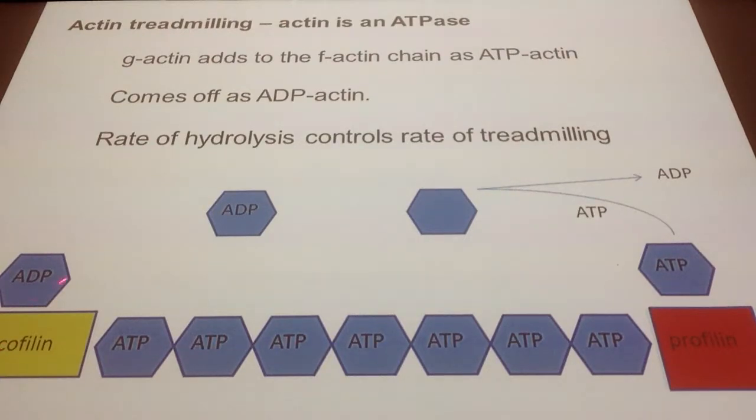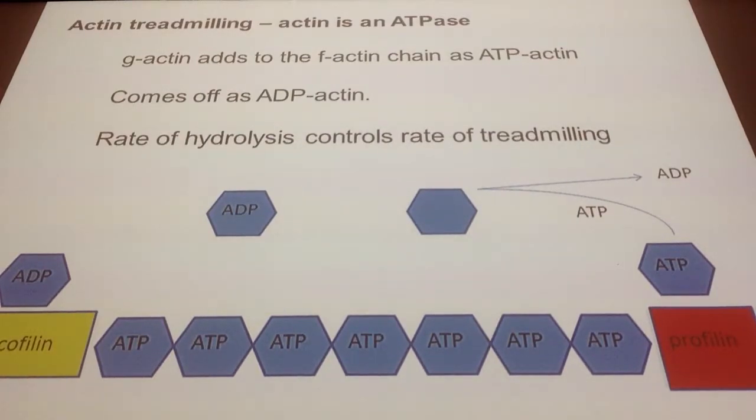Because you would have ADP-bound G-actin in the microfilament, and then cofilin will remove the ADP-bound G-actin from the minus end, right? And so the idea is that as the cell moves forward, you don't want to vary the size of the microfilament. The cell size needs to remain the same, but then the length of the microfilaments will also have to remain the same.